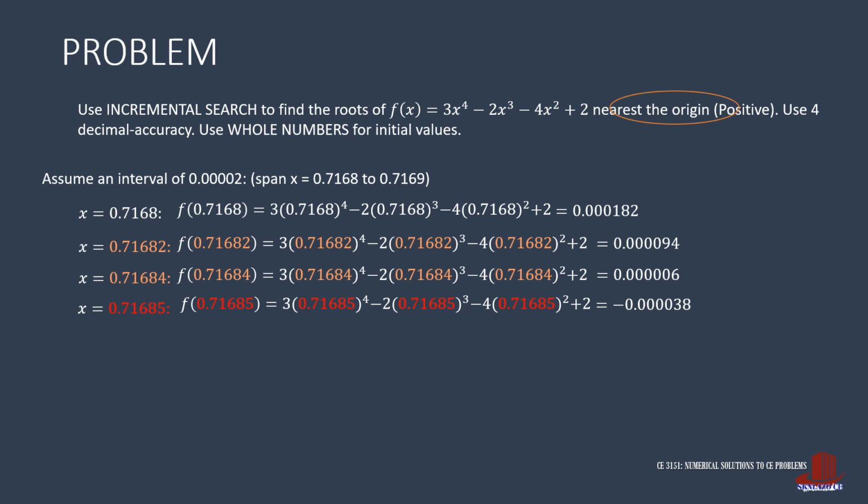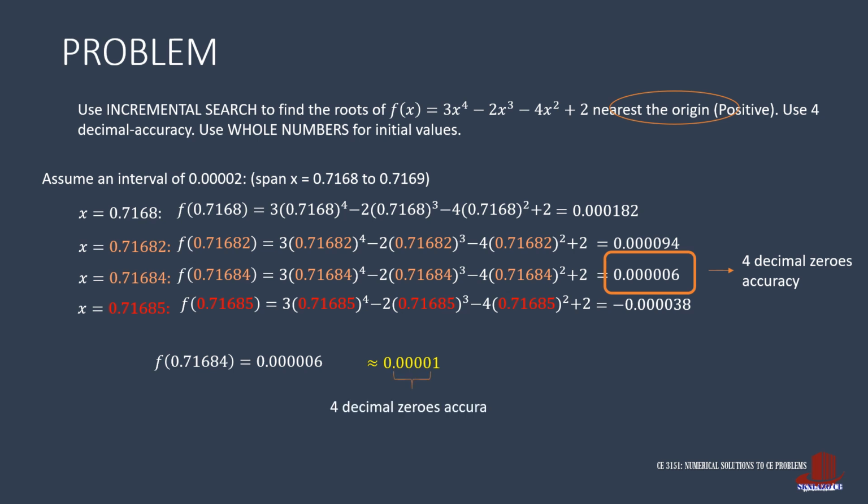This is negative, which shows closeness to 0, but the gap from the origin is larger than the previous f of x, which means we use x of 0.71684. If the f of x is rounded to 4 decimal accuracy, it is rounded up to 0.00001, which still has 4 zeros, and this value is less than the last value of the increment we just iterated. This concludes the iteration with the root as 0.71684.